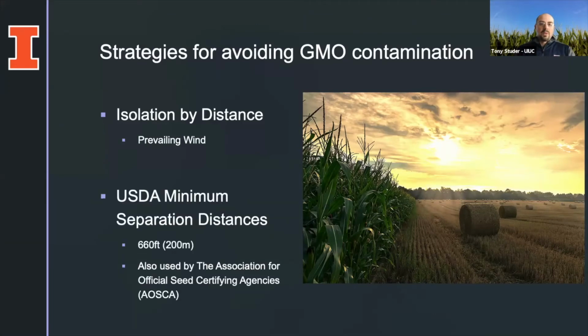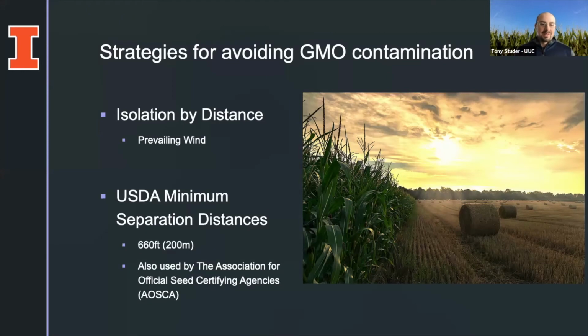If you look at what is recommended for isolation distances, the USDA minimum separation distance for regulated articles is 660 feet or 200 meters. And this is sort of a distance that I've worked with before. This is also the distance used by the Association for Official Seed Certifying Agencies as far as an isolation distance when looking at organics and GM crop distances.